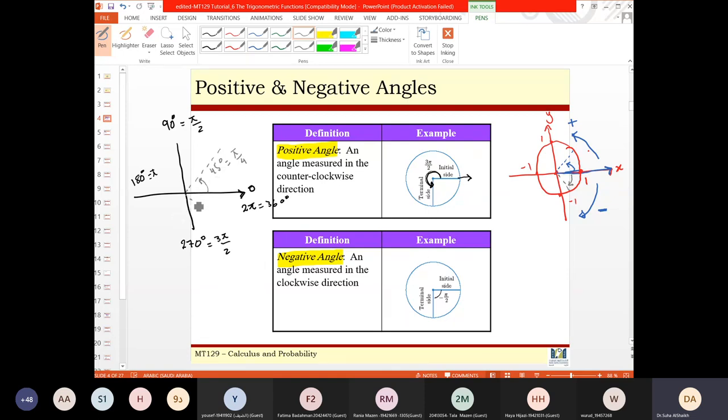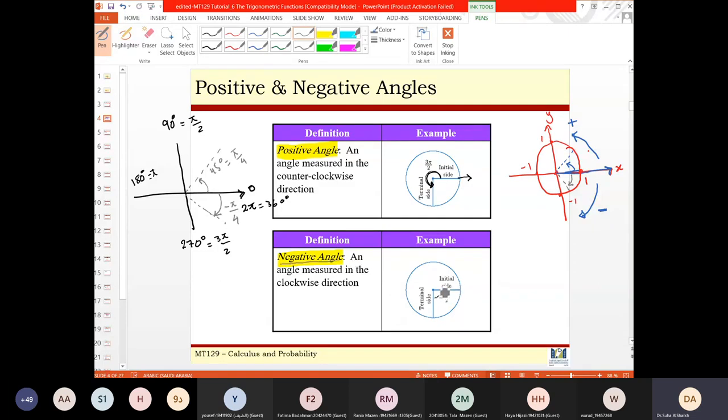And if I'm moving here, I have to move down, in the direction of the clockwise movement. So the angle here is minus pi over 4. Are you getting that? Excellent. Yeah, it's minus pi over 4. In this example, it's a negative angle as well.